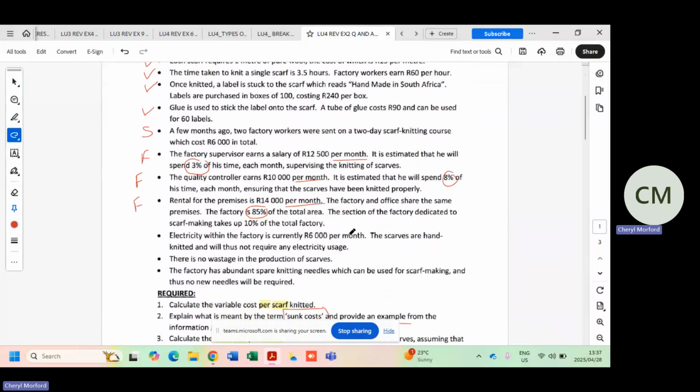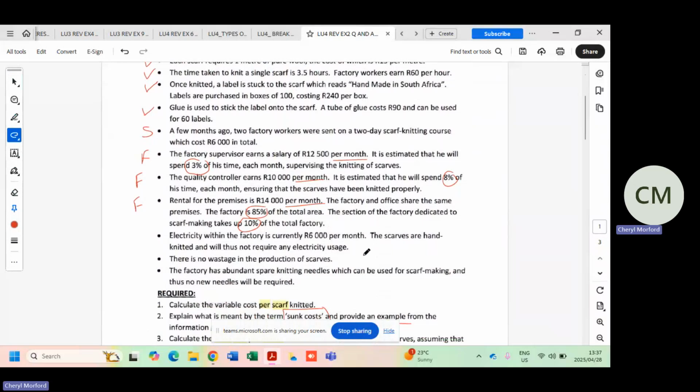That will give us the total factory rent. But remember that the factory is being used for other activities. We need to find the percentage that is due to the scarves. So that is 10%. So our calculation will be 14,000 times 85% to get total factory rent, then only times 10%, and that is the portion associated with the scarves.